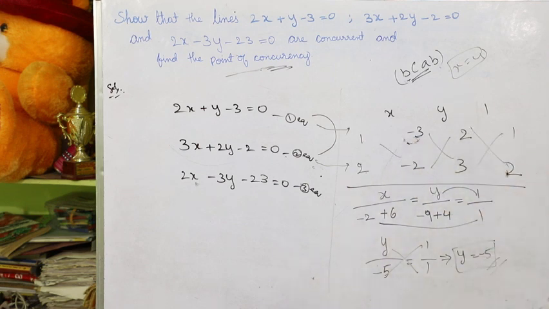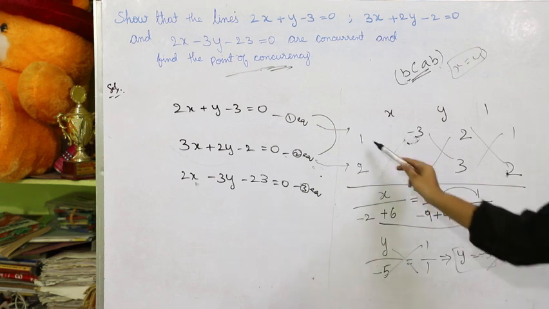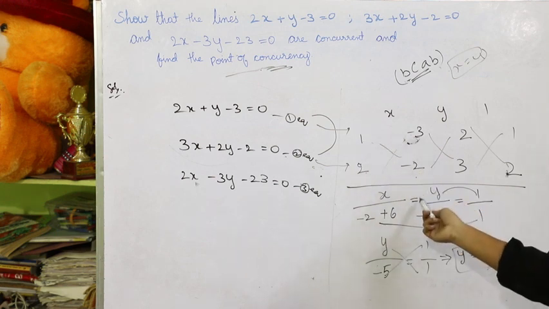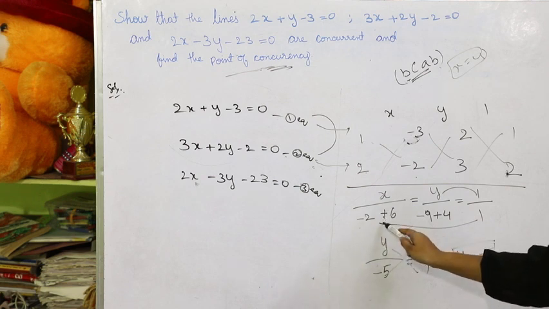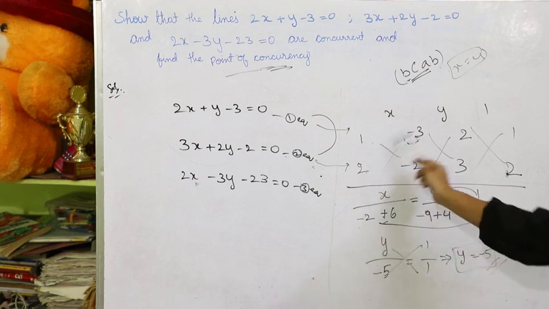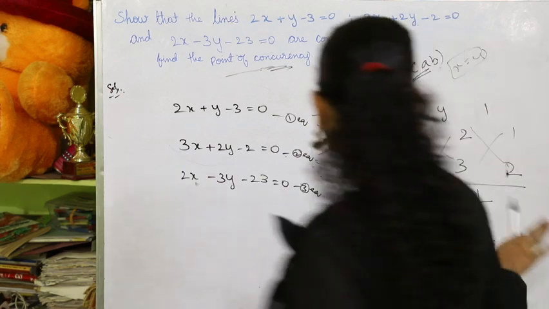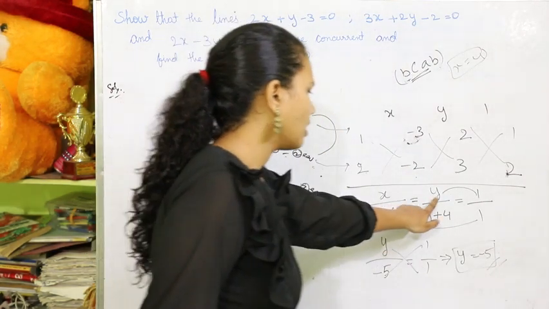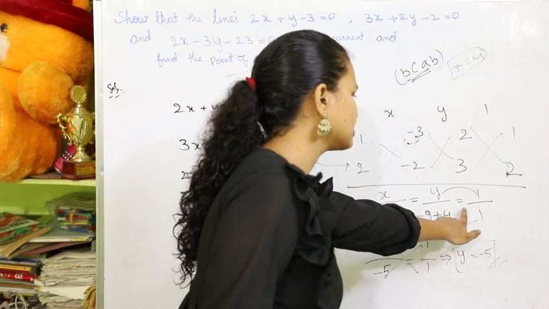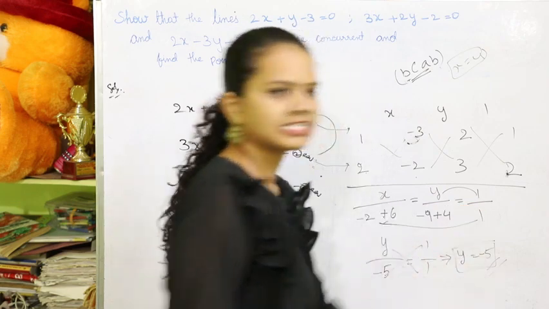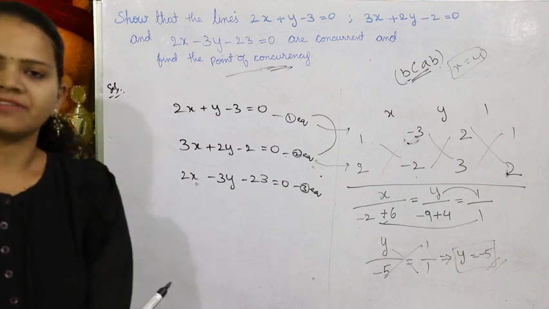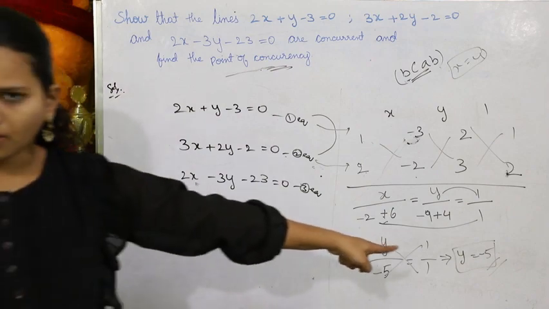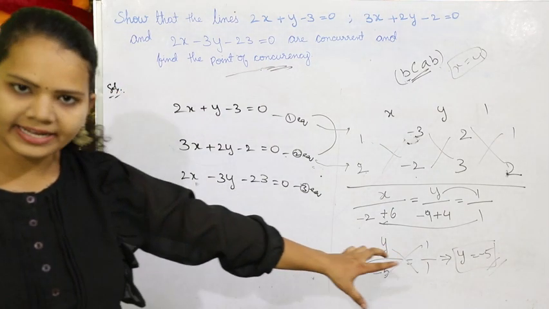So x by plus 1 into minus 2, minus into plus is minus. Y by minus 9 plus 4, which is equal to 1 by 4 minus 3, which is 1 by 1 over there. Clear? Are you getting it?